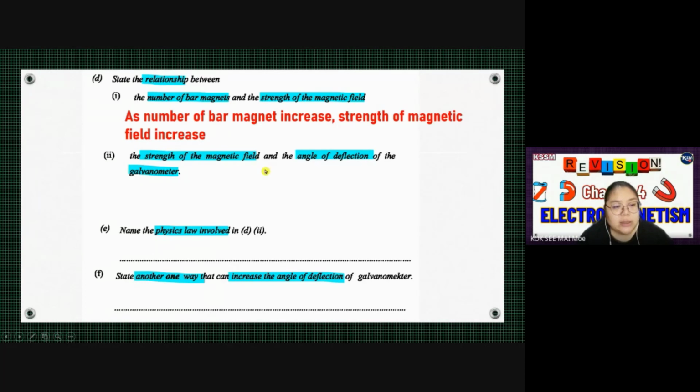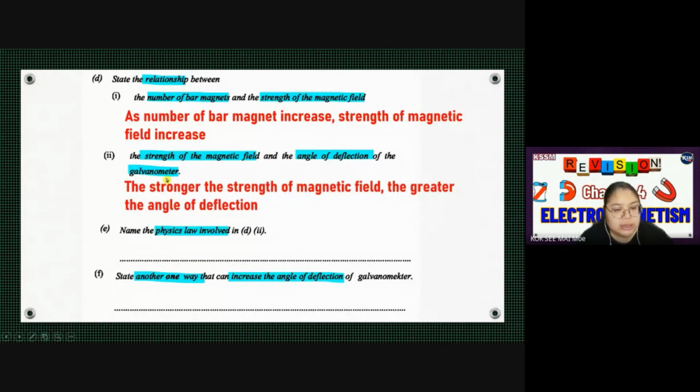The next one is about the strength of the magnetic field and the angle of deflection. Normally we mention the strength first, because the strength causes the current. So finally, when the strength of the magnetic field increases, the angle of deflection of the galvanometer also increases. So just like this. Don't tell me that given a question like this, you don't know how to answer.